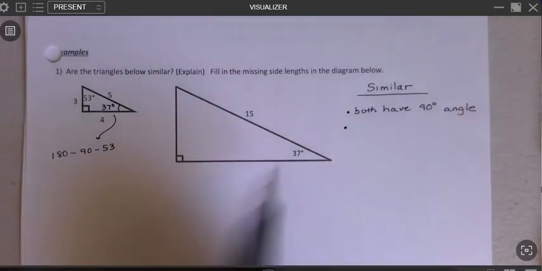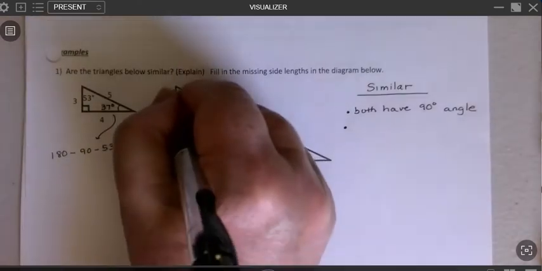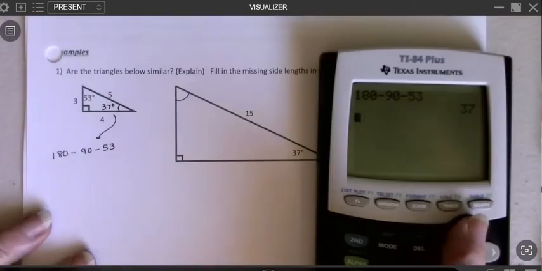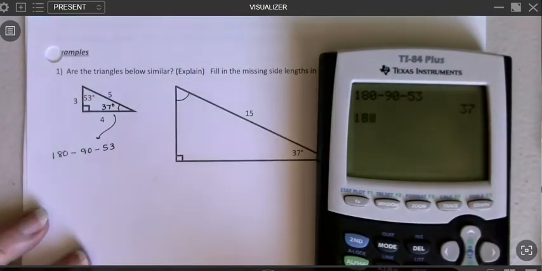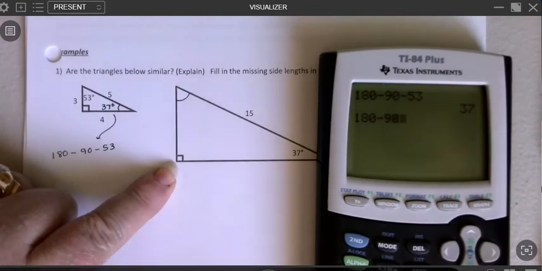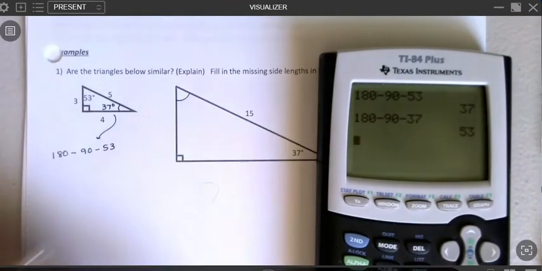I'm sure you can already see it coming here since I gave you the 37-degree angle, but let's just work it through real quick. To figure out the missing one, I would go ahead and say, I know altogether the angles are 180 degrees. I already have a 90. I already have a 37. So of course that leaves 53 for the third one.